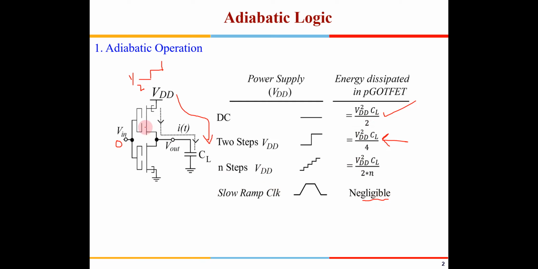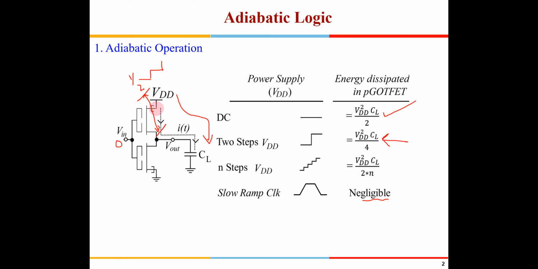But if I have to physically understand what is happening, if I slowly ramp up this voltage out here, and allow a current which is flowing like this, since I am ramping up this voltage slowly, this voltage also will ramp up slowly, and if these two are able to follow each other very closely, because the ramping up is not steep, it is a slow frequency ramp up, this node voltage also will follow this voltage out here, because I am giving a 0 here, so this PMOS will conduct.